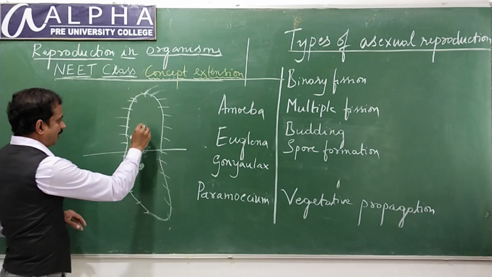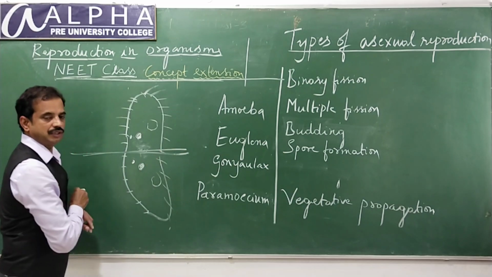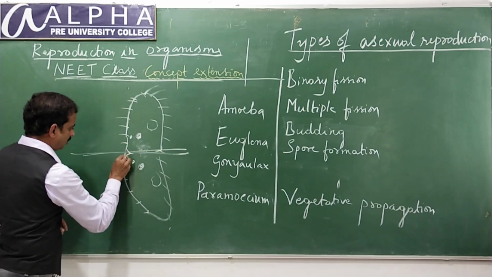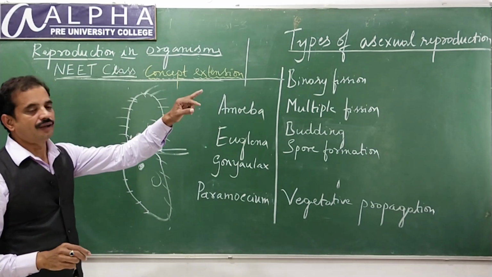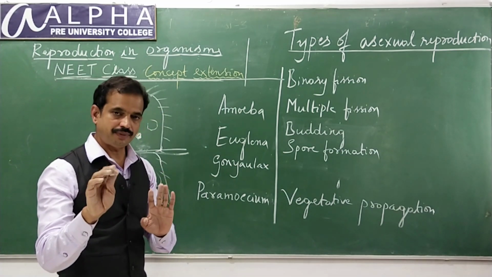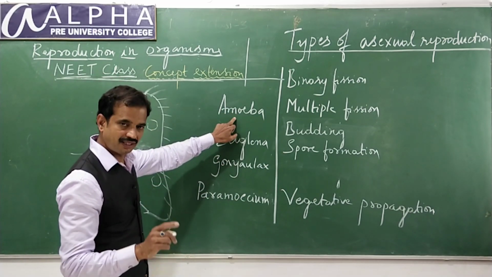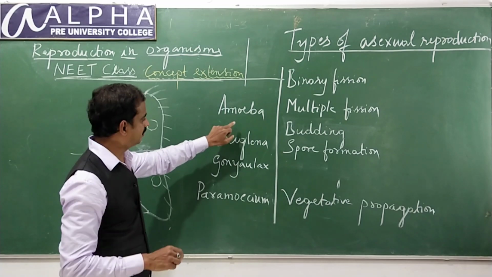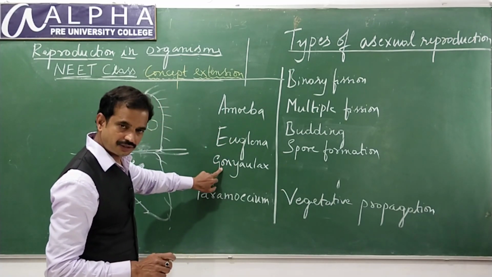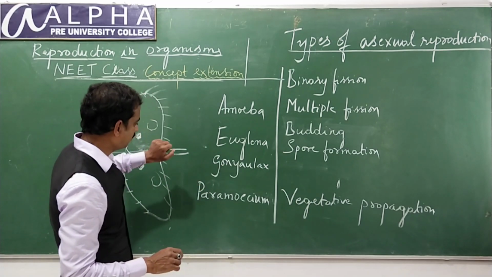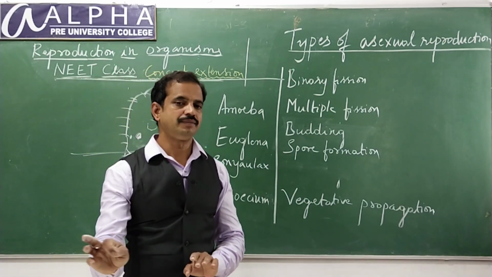And a contractile vacuole is also formed, and this divides transversely so that two paramecia are produced by the process of binary fission, right? Let me repeat. Amoeba divides by simple irregular binary fission. Euglena, longitudinal binary fission. Goniolax, dinoflagellate, oblique binary fission, and paramecium, transverse binary fission.